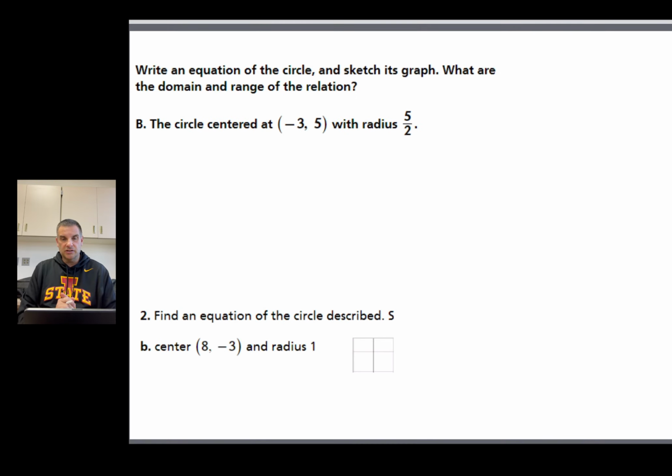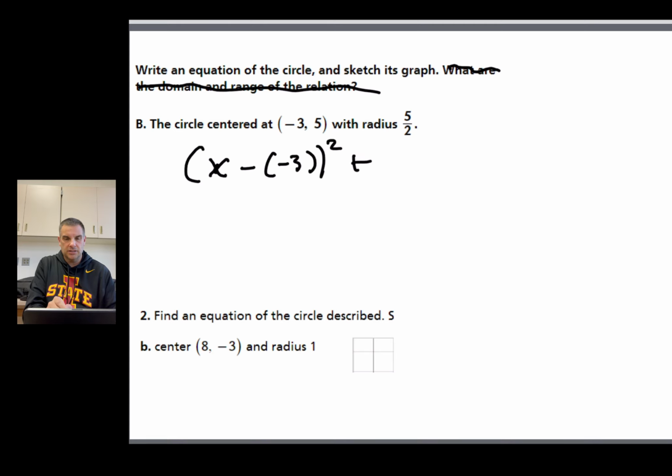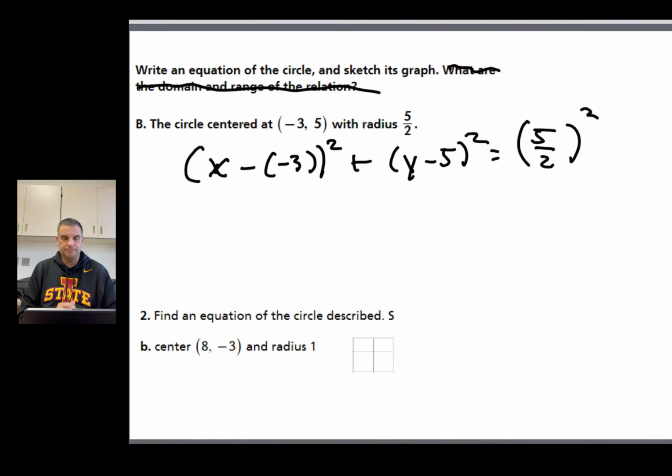Write the equation of a circle and sketch the graph. Again, we're not going to worry about the domain and range. It's centered at (negative 3, 5) and has a radius of 5 halves. So we've got (x minus negative 3) squared plus (y minus 5) squared equals (5 halves) squared.